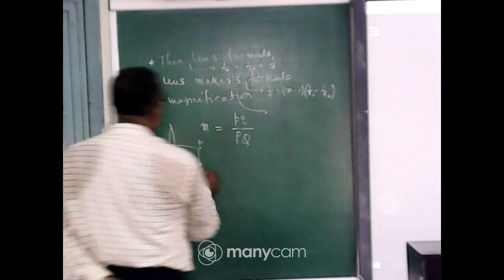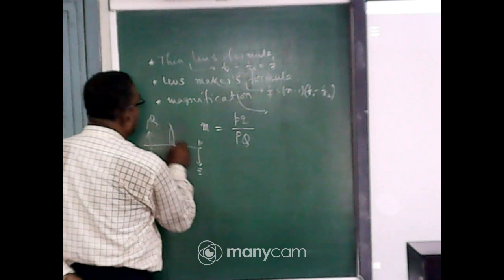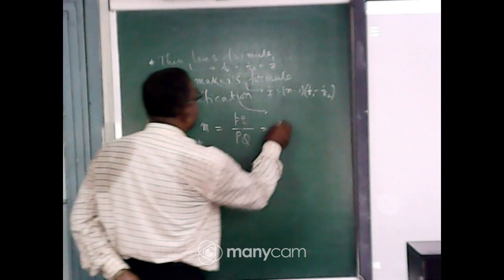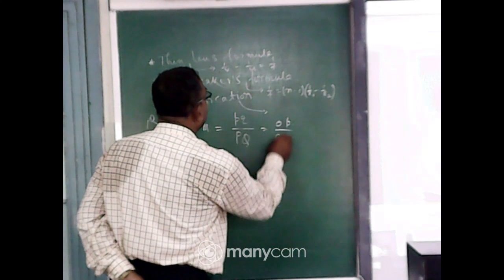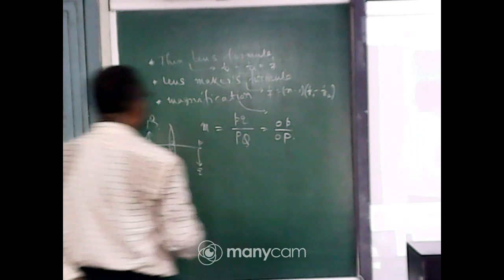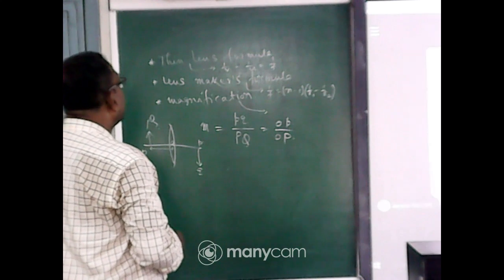So it is the ratio of the PQ equal to OP by OP.